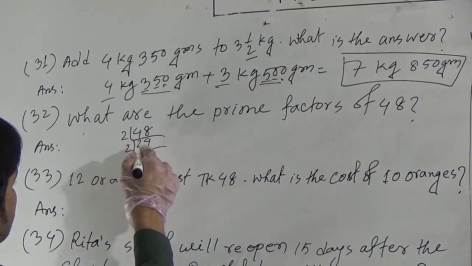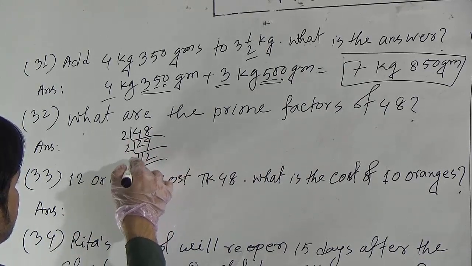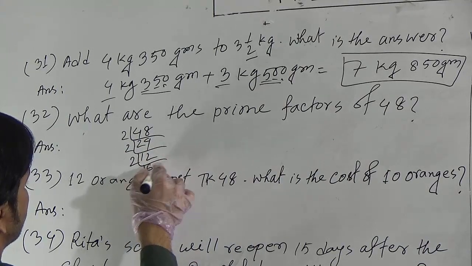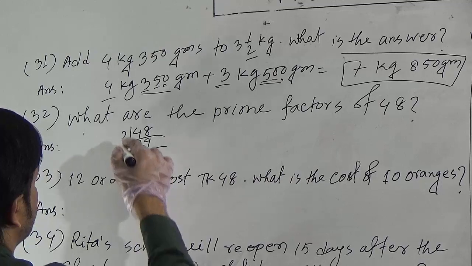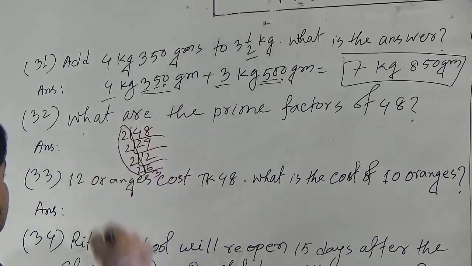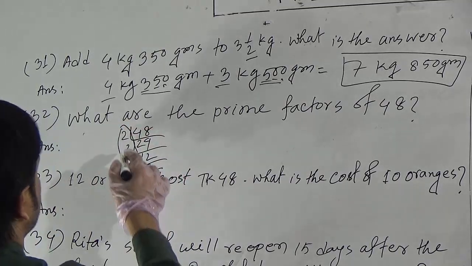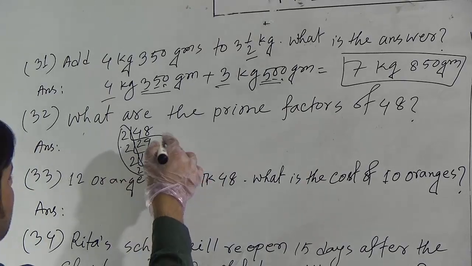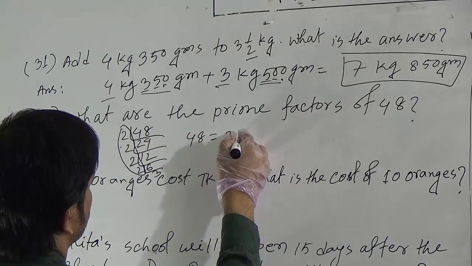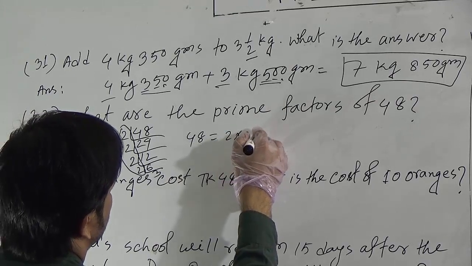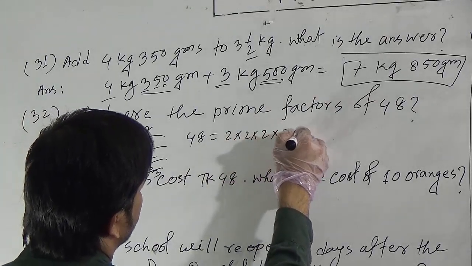Again divide by 2, it will be 12. Again by 2, it will be 6. Again by 2, it will be 3. So we can write 48 as the product of 2, 2, 2, 2 and 3.